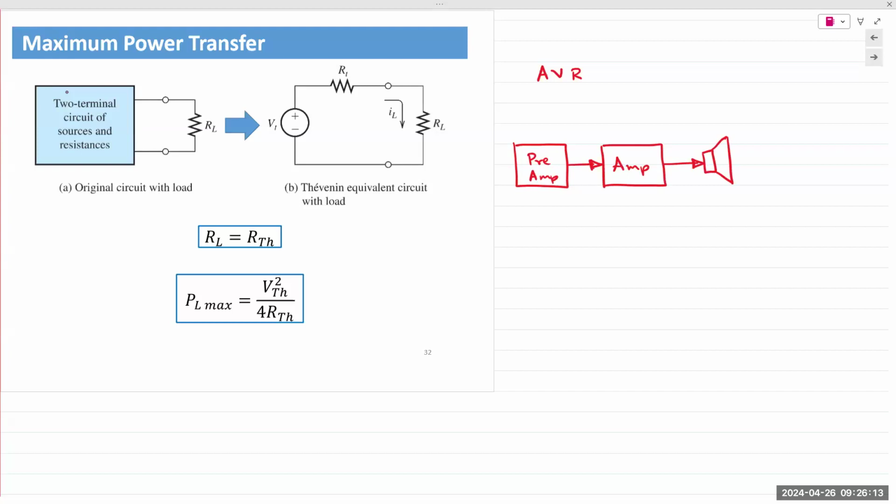So in order for maximum power to be transferred from one stage to the next, the succeeding circuit's resistance should be the same as the Thevenin resistance of the first circuit. RL represents the load resistance, or the second, succeeding circuit.